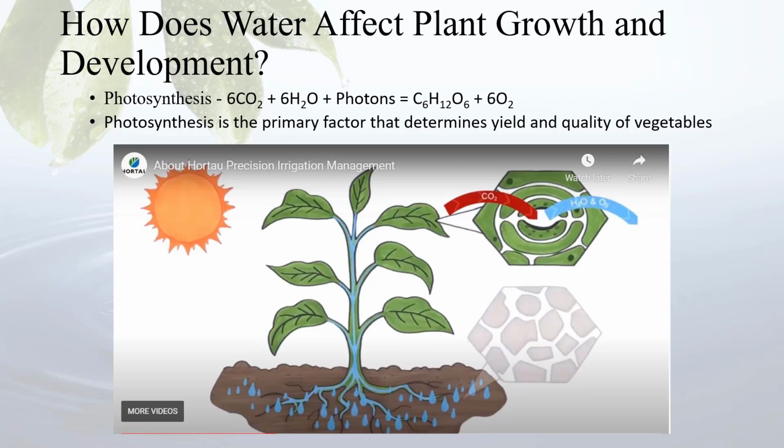So as I talked about a couple slides ago, whatever is going to impact photosynthesis is ultimately going to impact your yield and or quality of your plant product. So we need enough water to ensure that photosynthesis is occurring, right? Because that's going to ensure that we are getting the plant yields that we want.